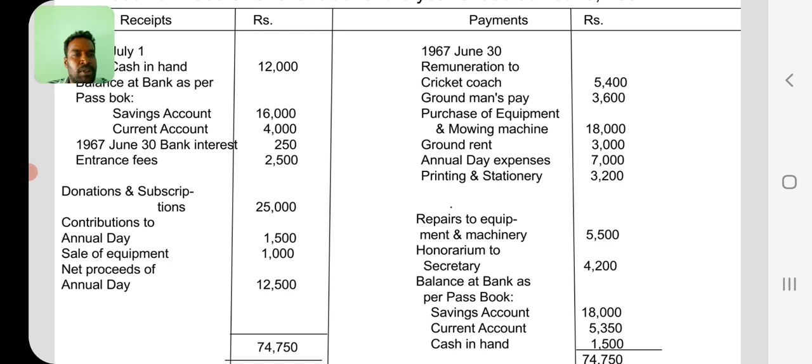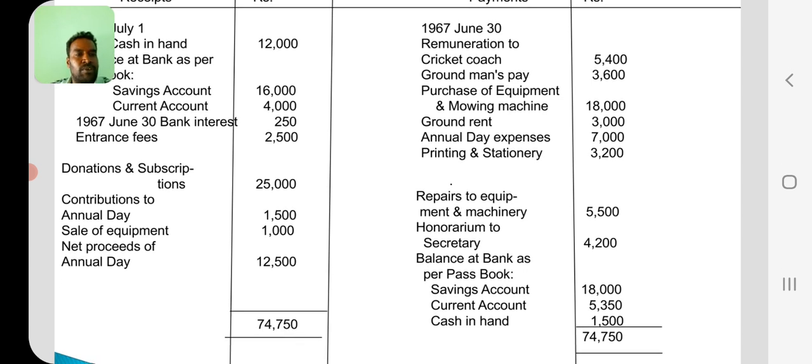1967 June 30, remuneration to cricket coach. The payments should be posted in the income and expenditure account. Groundman's pay posted in the income and expenditure account. Purchase of equipment and mowing machine, capital expenditure 18,000. Ground rent 3,000 payment. Annual day expenses 7,000 posted in expenditure.